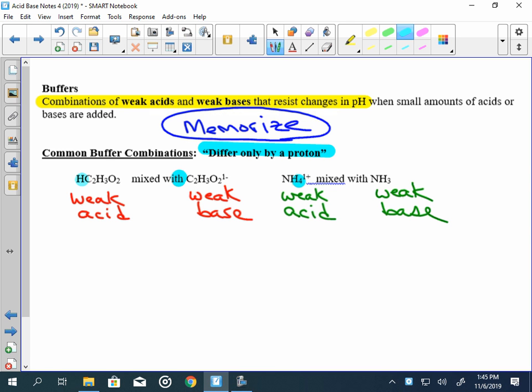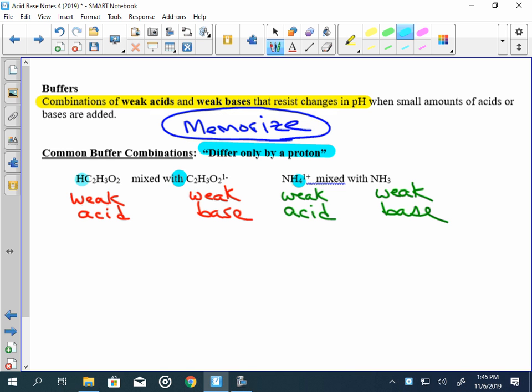Buffers are all around us in our world. Okay? I used to believe that it's some chemical concoction that you create in a beaker. There are buffers in many of our food products, many of our medications, in an aquarium. The fish water has a natural buffer that is established in it. Okay?